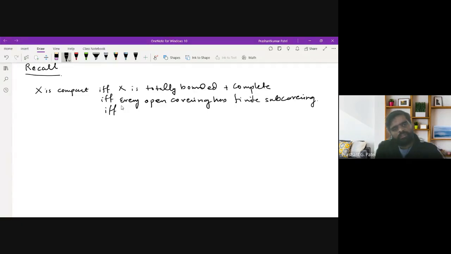The third statement was every sequence has a convergent subsequence.